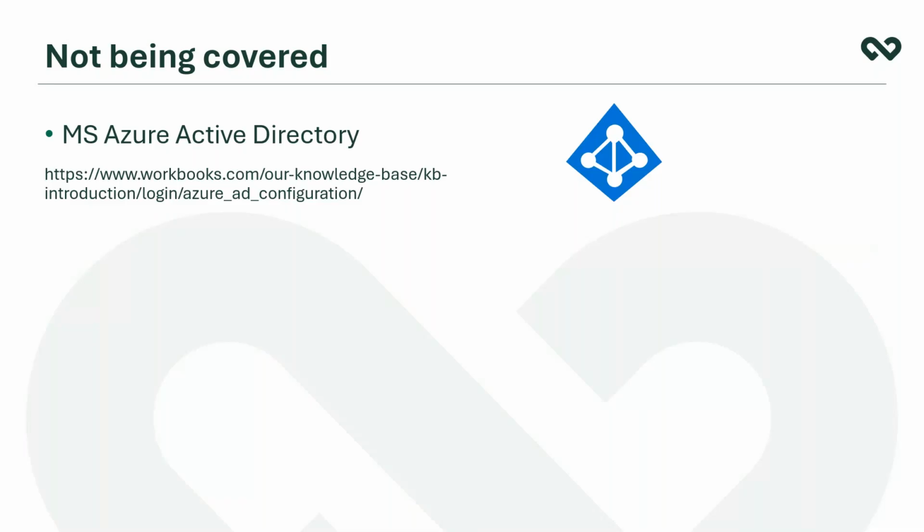It's also possible to create new user templates so that any new Active Directory users can be given a Workbooks account without your system admin needing to do any of the initial setup. More information about how you can do this can be found on our knowledge base by searching either for Microsoft Azure Active Directory or using the URL that you can see on the screen.